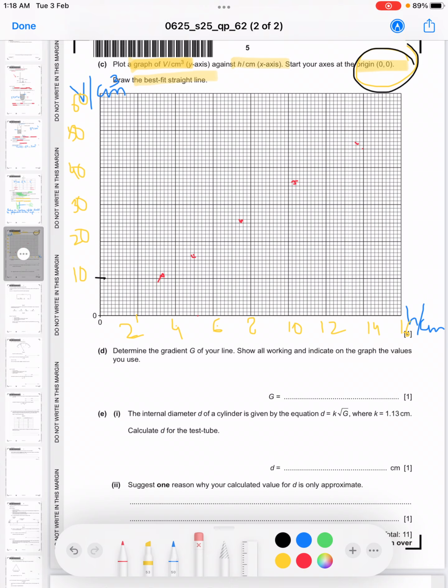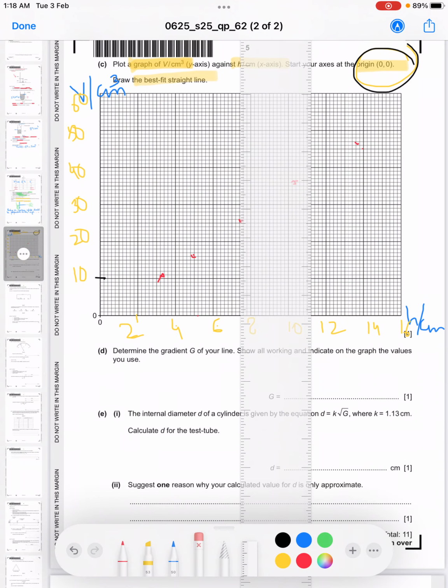Okay, so now join the points for the best fit. Oh, no, sorry. Okay, I think I should use the ruler.